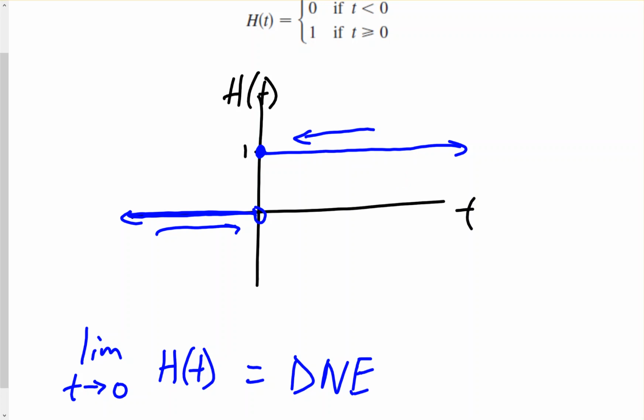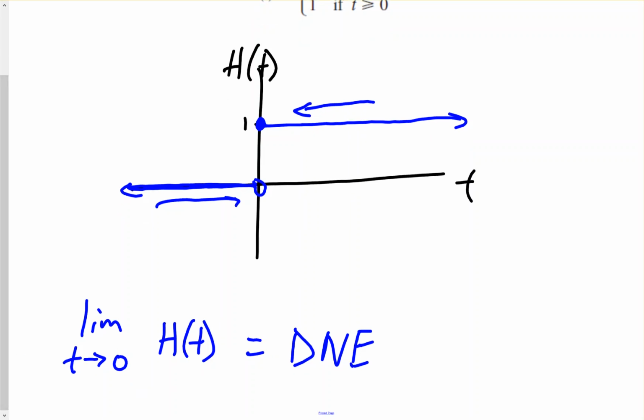Okay, and that brings us to our mini topic here, one-sided limits. So if we said limit as t approaches 0 from the left, and that's what that means, 0 with a little minus, that's from the left side. This would be the minus side of 0. This will be the plus side of 0.